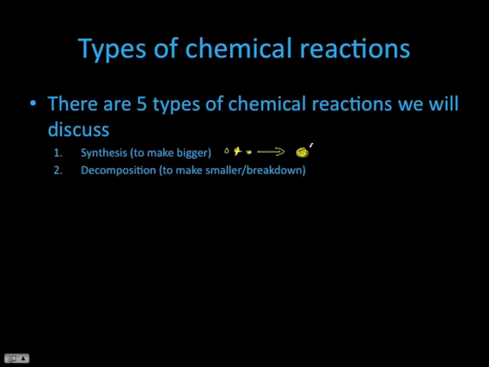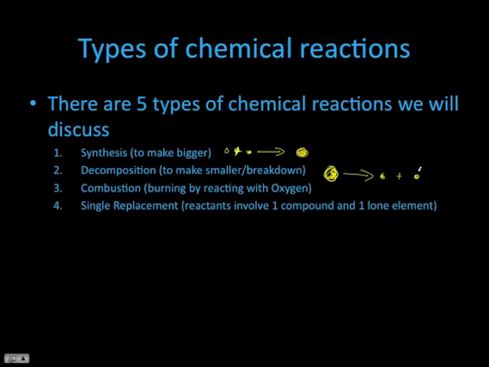A decomposition reaction is when you have a big molecule and it reacts and breaks apart into 2 smaller pieces. Then we have a combustion reaction, which involves a carbon-based fuel reacting with oxygen and releasing energy and giving off carbon dioxide.